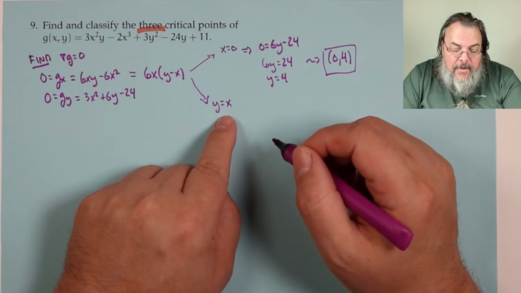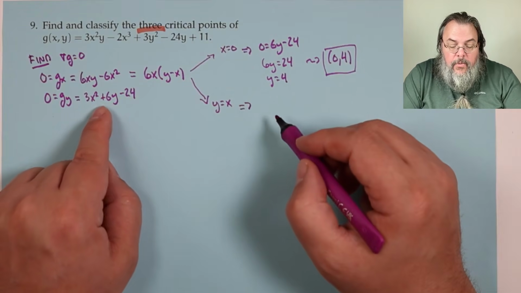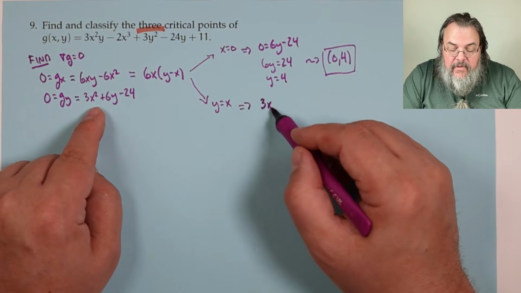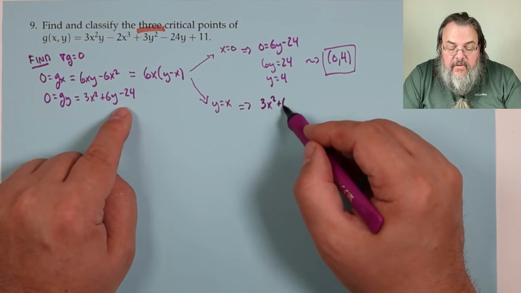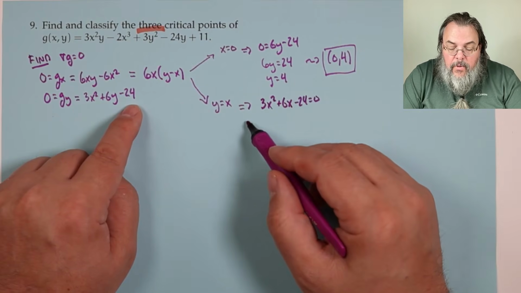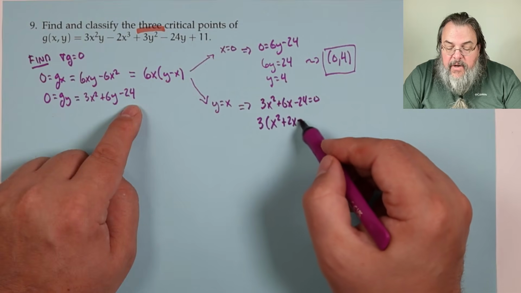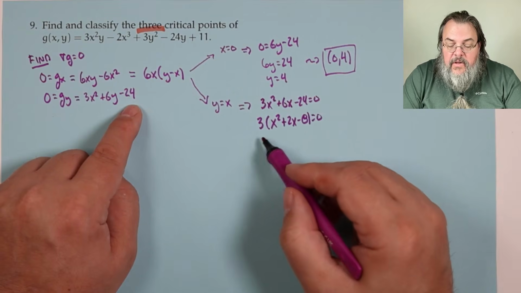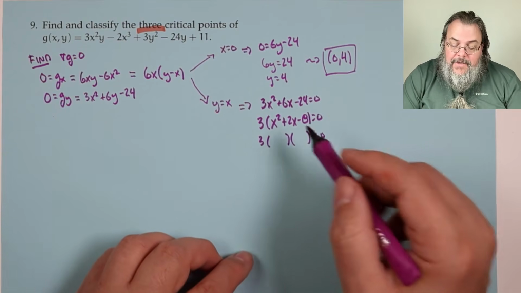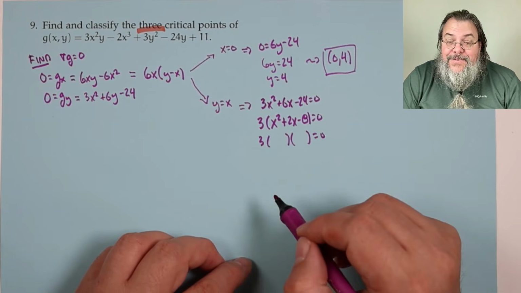Now, we're told y equals x. So I can replace y by x. This gives us 3x squared plus 6x minus 24 equals 0. We can factor 3 out: x squared plus 2x minus 8 equals 0. And that factors even more. We need two things that multiply to negative 8 but add to positive 2.